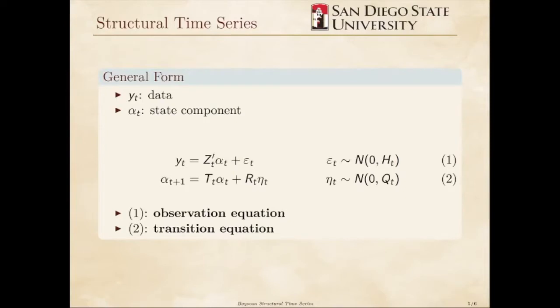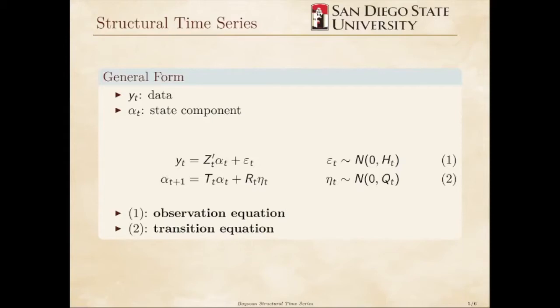More generally, a state space model looks like this. But what do these fancy equations mean? Well, the first equation is called the observation equation. It tells us how our observed time series, y, is related to the unobserved state, alpha. The second equation is called the transition equation, and it describes how the state, alpha, transitions at each time point.